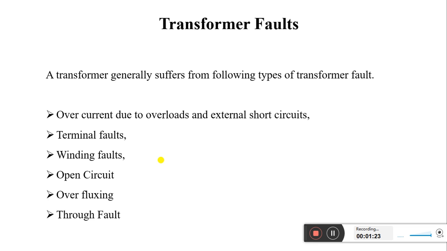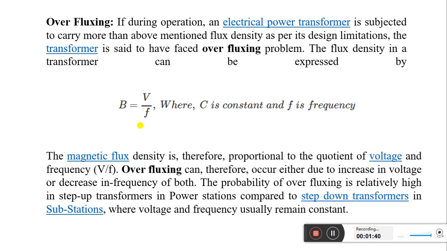So let us first discuss what overfluxing and through faults are in transformers. Overfluxing is when, during operation, an electrical power transformer is subjected to carry more than the flux density given by its design limitations from the manufacturer; then the transformer is said to have faced an overfluxing problem.